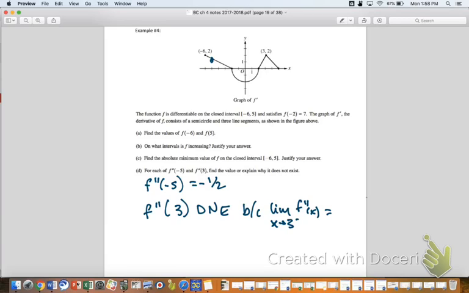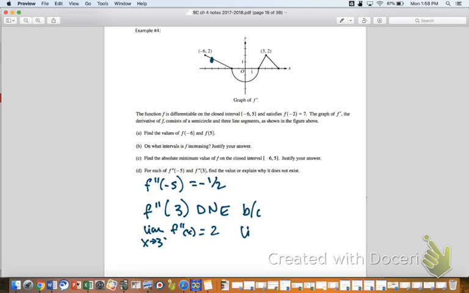So you could say that from the left, I'm going to give myself a little bit more room here. Okay, so let me try this. I'm going to say the limit as x approaches 3 from the left of f double prime of x equals 2.